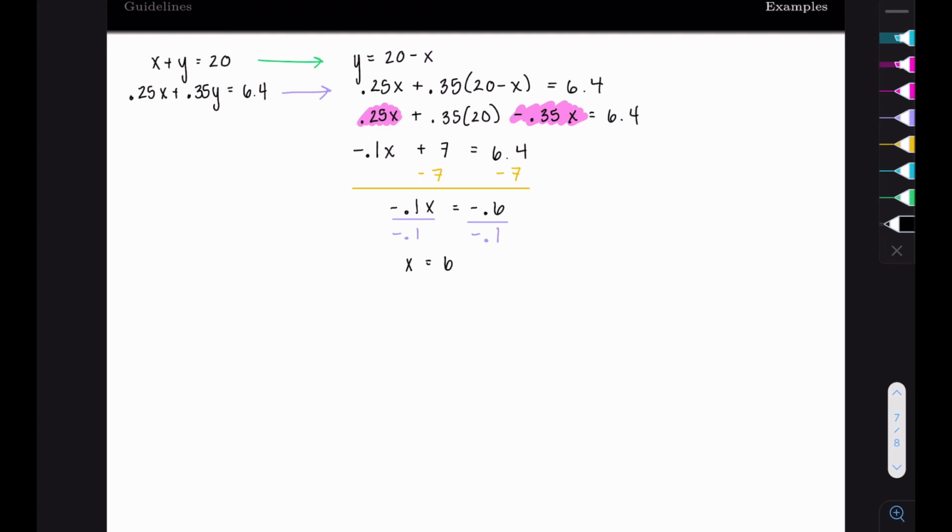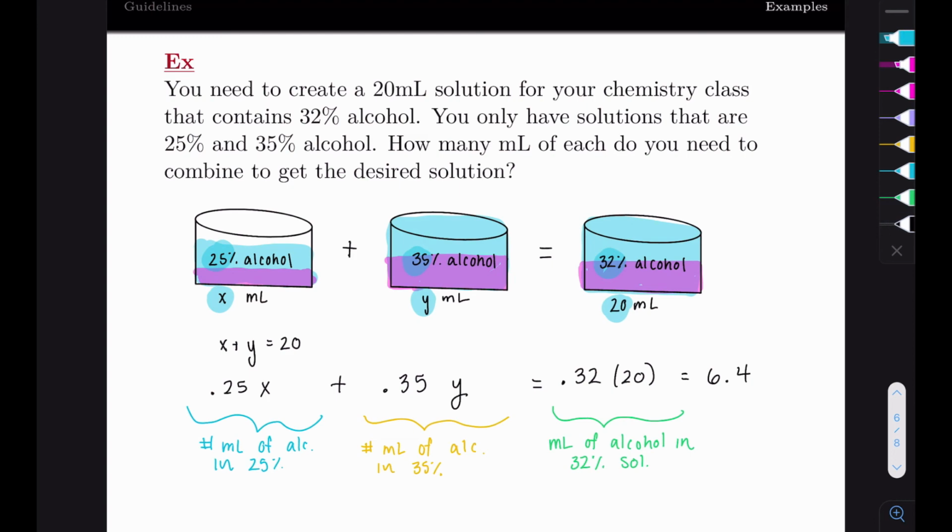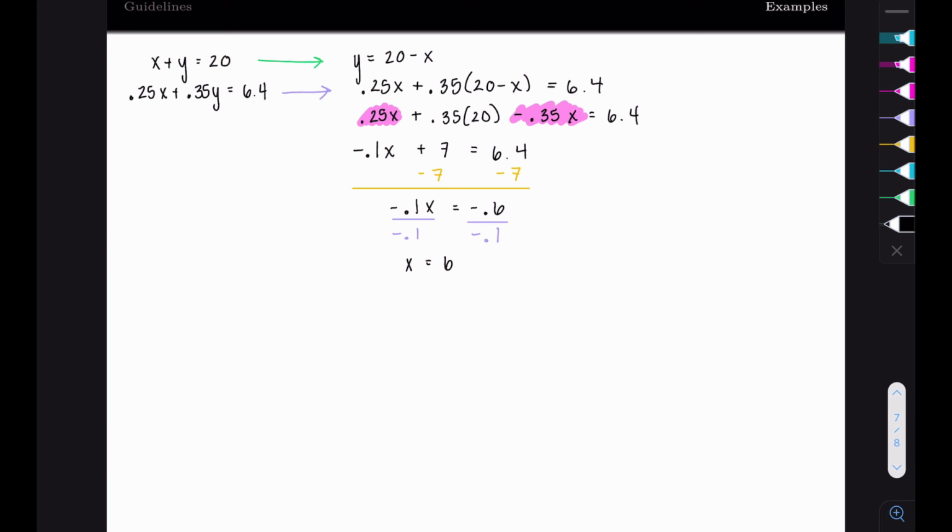We end up getting x is equal to 6. Going back to our drawing, x was the concentration of 25%. So we need 6 milliliters of the 25% solution. So we're almost done.